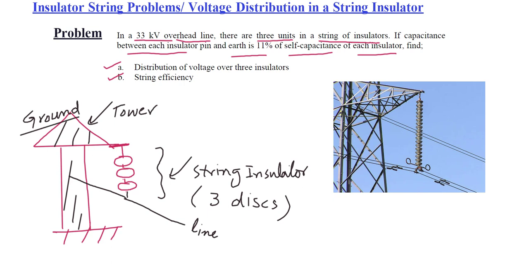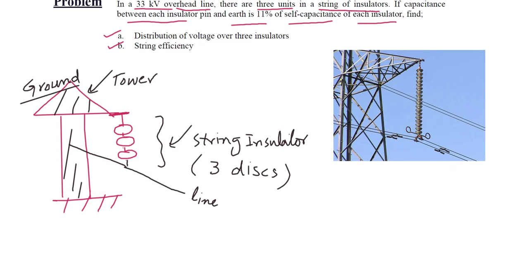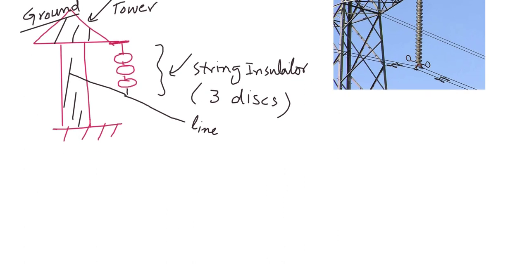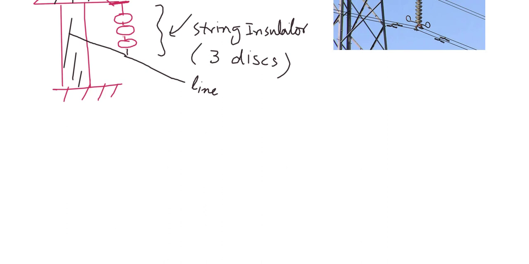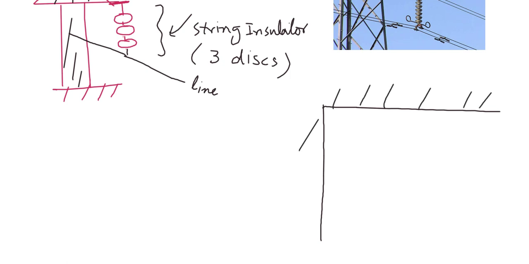If we draw its electrical equivalent diagram, it will look something like this. We have our structure, which is at ground potential or zero potential, and then the capacitance of one disk, the capacitance of another disk, and the capacitance of the third disk.